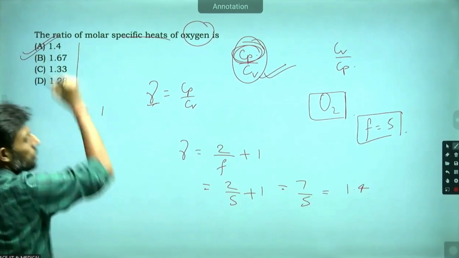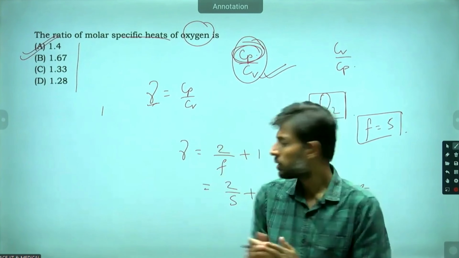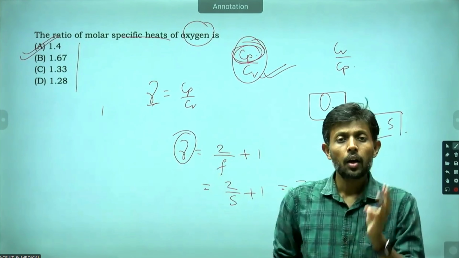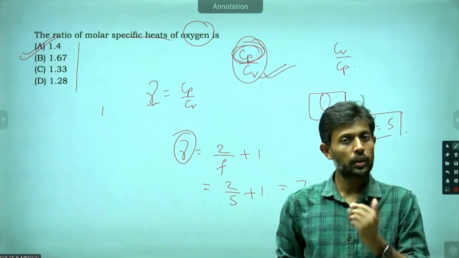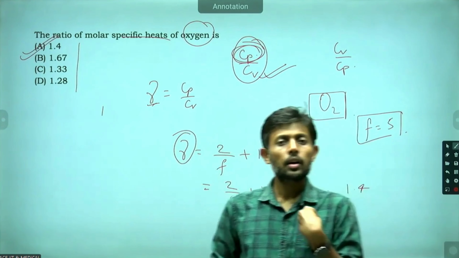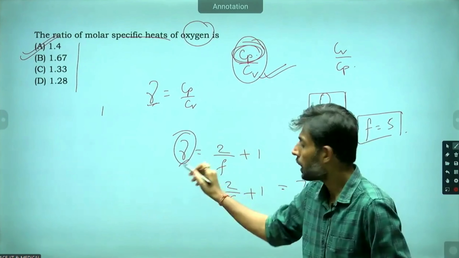So this would be your answer. Okay. This is how you can calculate gamma for any gas. You don't need to remember these values. For carbon dioxide, you can calculate because it's a linear triatomic molecule. For H2O or water vapor, you can still calculate the gamma.